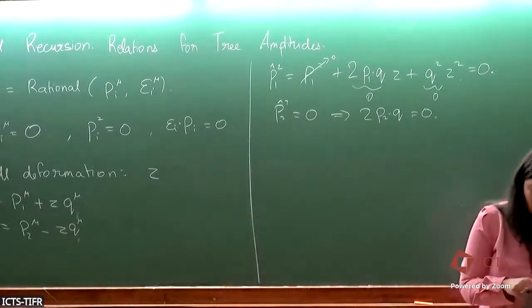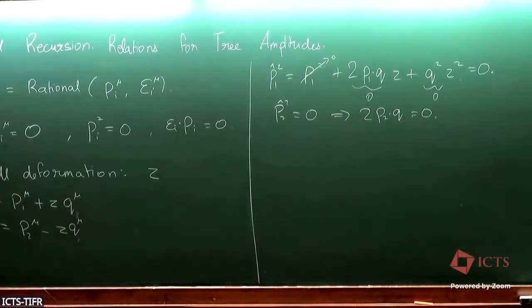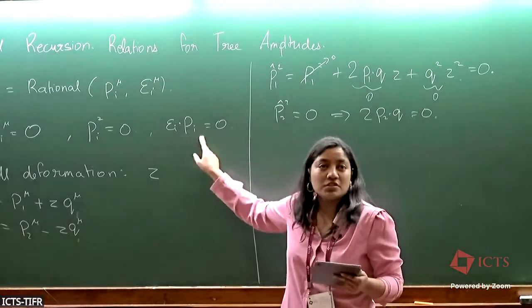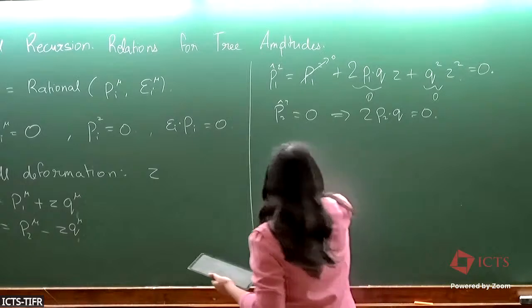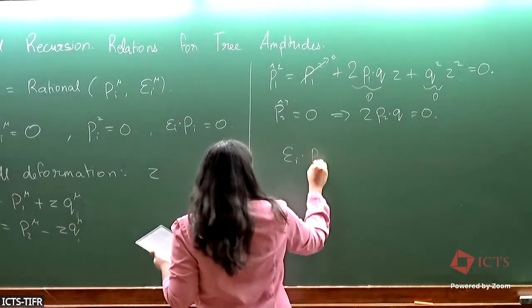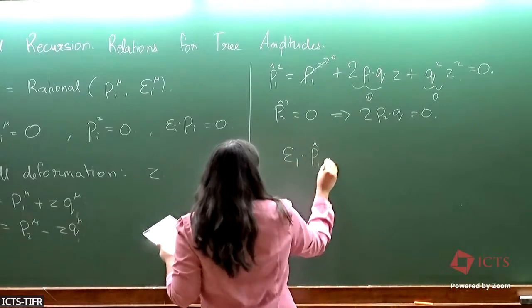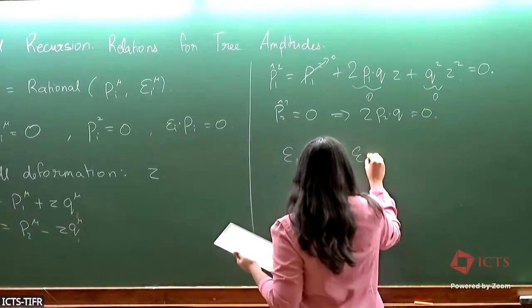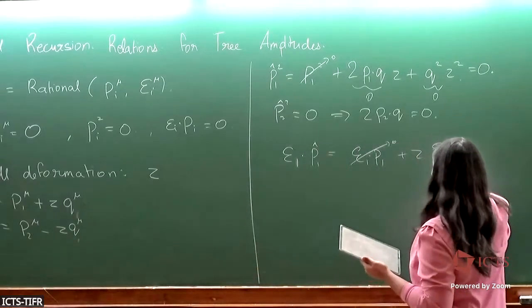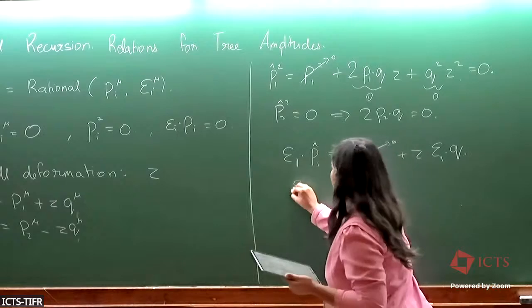Okay, so what this means is that there is no more freedom in what happens to this condition. So whatever the condition is, it is. And if I write it down here, epsilon 1 dot P1 hat is epsilon 1 dot P1, which vanishes, plus Z epsilon 1 dot Q. Similarly for epsilon 2.